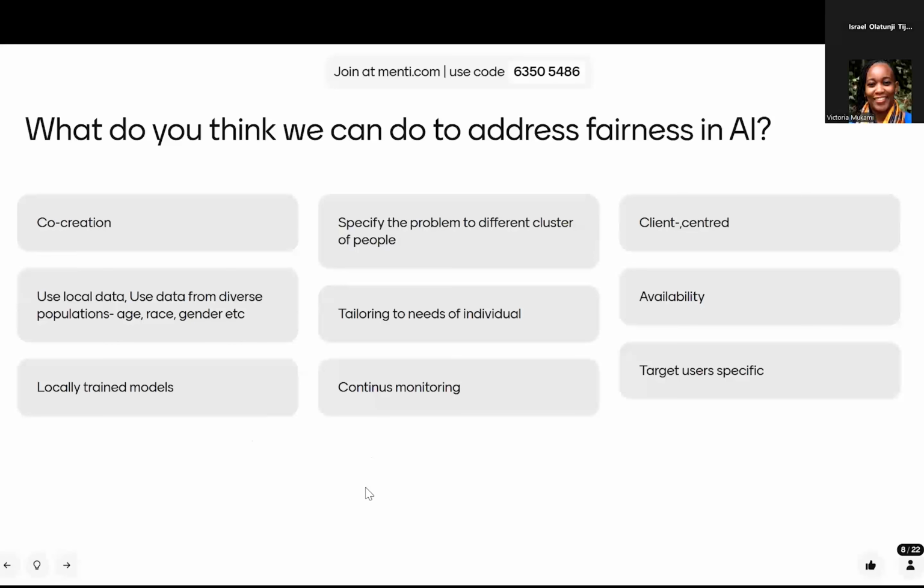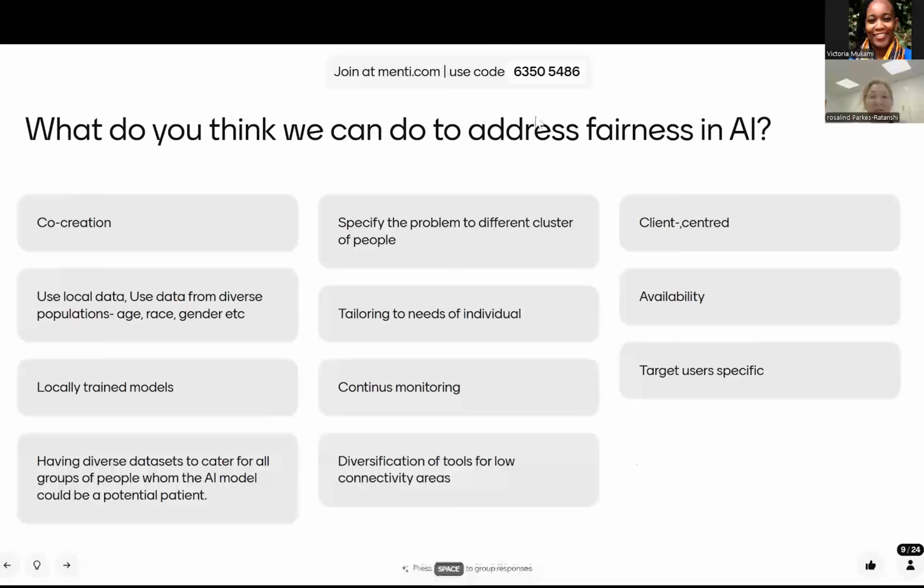Yes, I wanted to respond to the question, but I noticed we are to respond on the Mentimeter. If you can. And somebody's put this here, processing data, why you want to process personal data helps to keep it fair. Yeah. So if you can, please put all your responses on menti.com.